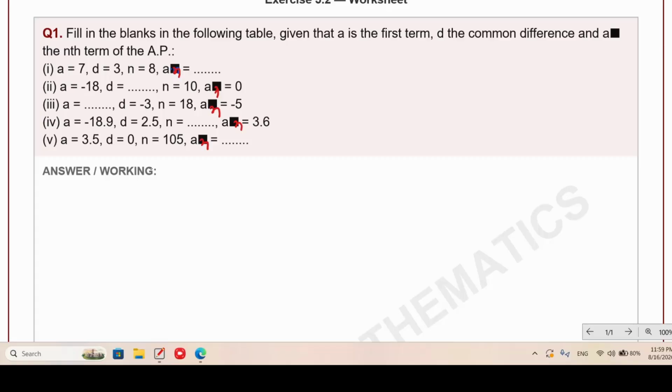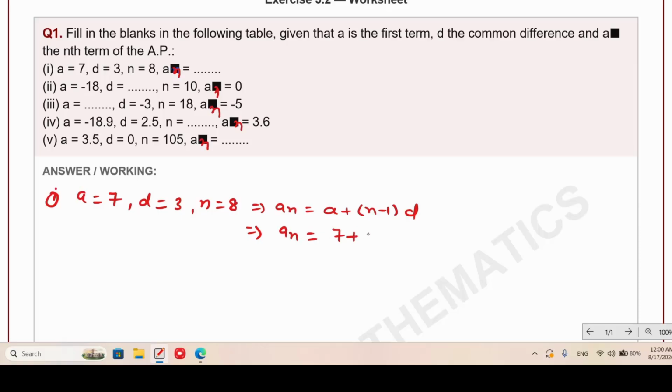In question number 1, let's see what is given. A is equal to 7, D is equal to 3, N is equal to 8. We need to find An. We know that An is equal to A plus N minus 1 into D. So we put the values: An is equal to 7 plus 8 minus 1 into 3.